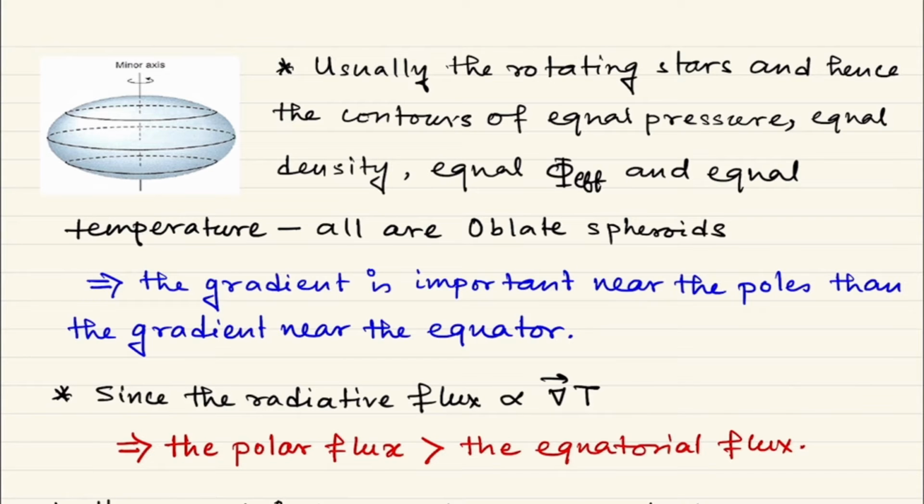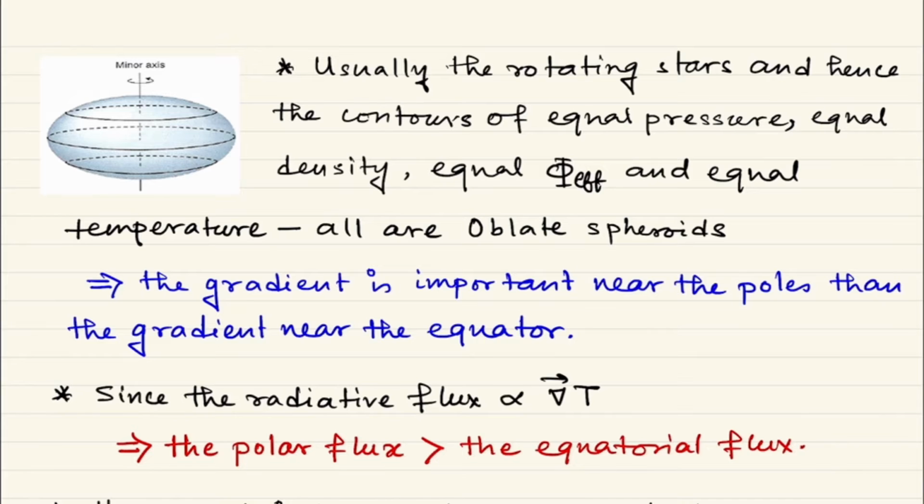Spheroidal shapes can be of two types. One is called prolate, where vertical elongation and horizontal contraction occurs, and one is called oblate, where vertical compression at the equatorial region, or horizontal elongation, occurs. In our case, most of the time we see the oblate spheroid.